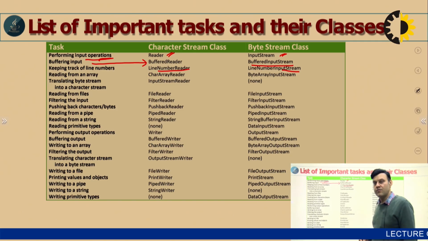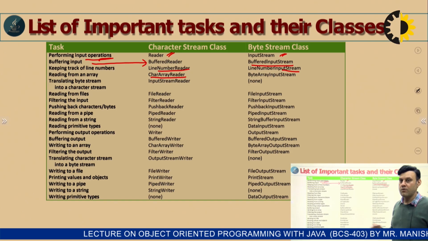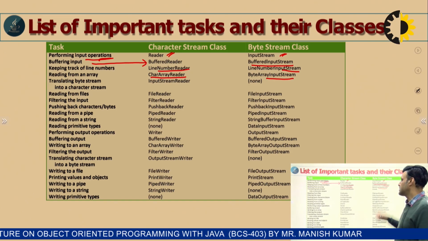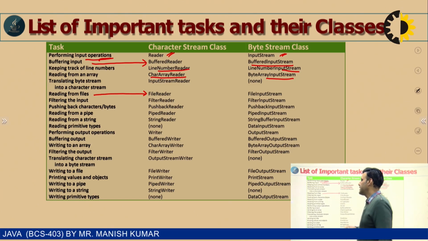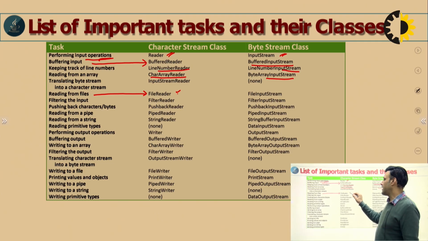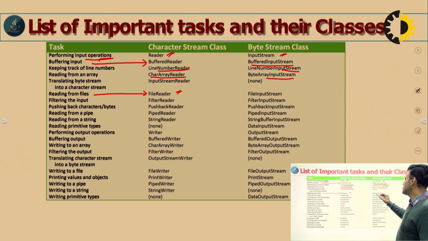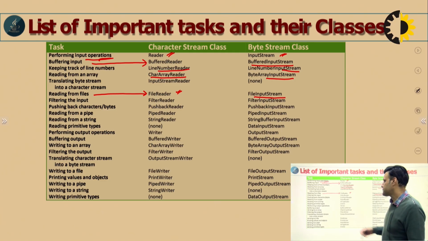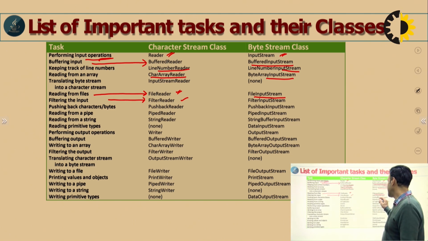Reading from an array: if you want to read some characters from an array, you have to create an object of char array reader class, then perform that operation. For bytes it is byte array input stream. Reading from files: if you want to read from files, you make an object of file reader class for the character stream, and for the byte stream you have to use file input stream. Filtering input: filter reader, and here it is filter input stream.